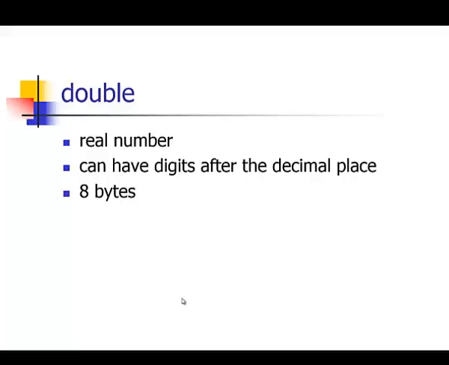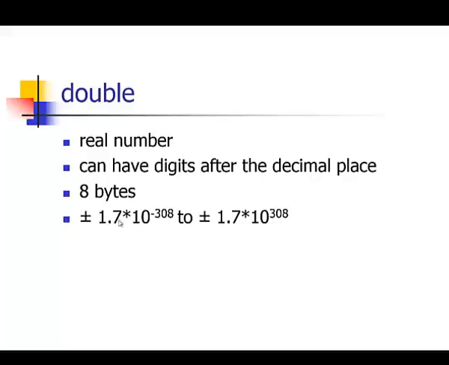It takes up 8 bytes in memory, and it has this range of numbers. This is 1.7 over 10 with 308 zeros after it. That's a really, really small number to a really large number, which is 1.7 followed by 308 zeros.